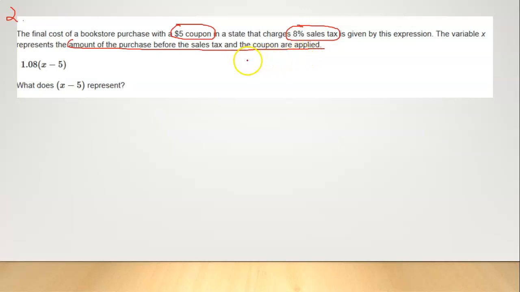So x is the amount of purchase, or the cost of the item, before anything happens. You can think of this as like the ticket price. You know, you're shopping, you see a sweater, you look at the ticket. That's x in this example.